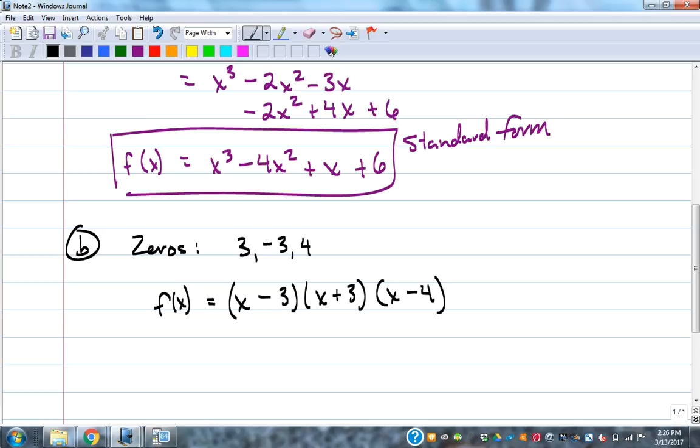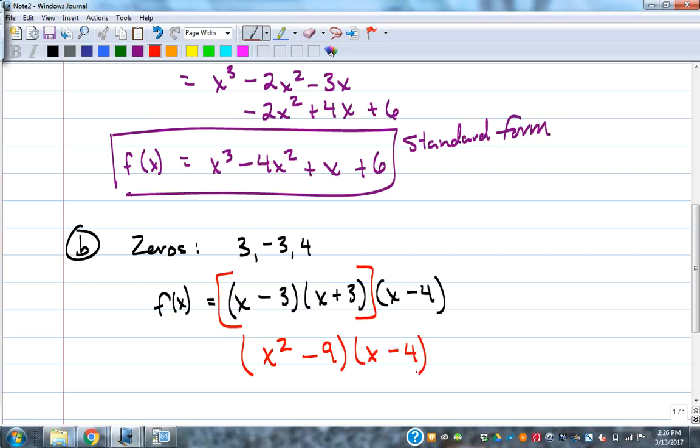Which ones? Why is that better? Well, they're easy. They're the factors of a difference of squares, right? So when you multiply these two together, what is the answer? It's x squared minus 9, right?